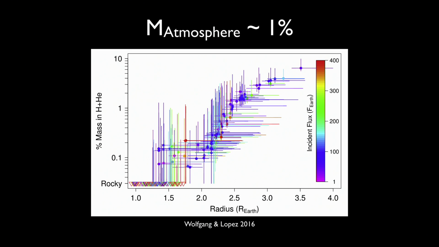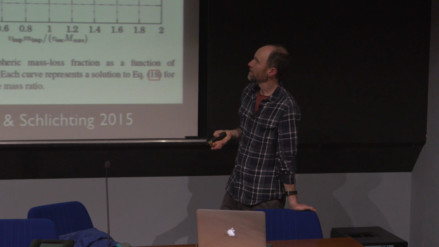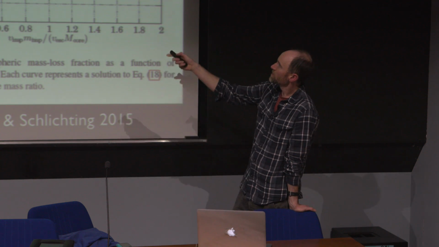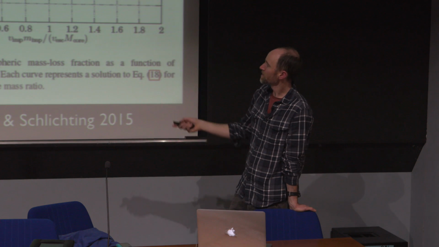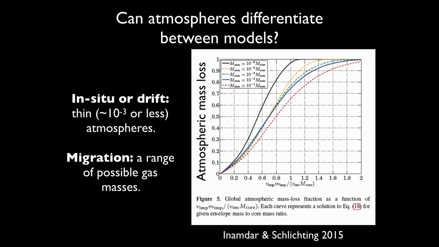And I think this can be explained pretty well by atmospheric loss during giant impacts. What this plot is showing is the fraction of an atmosphere that's lost as a function of impact energy. It's common to lose something like half of an atmosphere in a large impact. And why is this interesting?